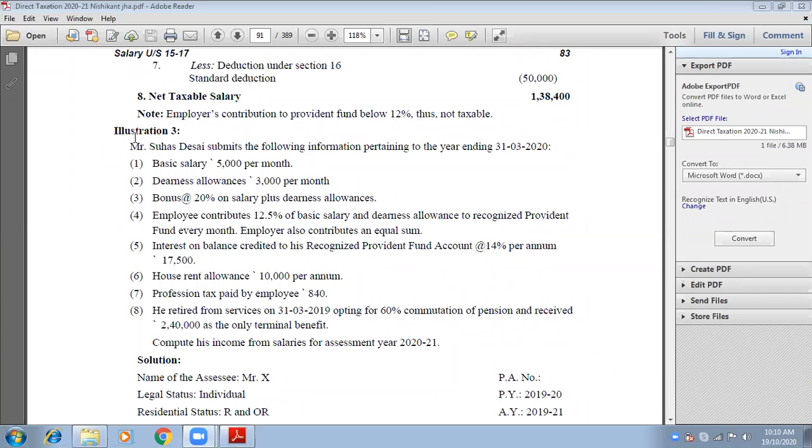Okay, look at the next question. Mr. Suhas Desai submits the following information pertaining to the year ended 31st March 2020.